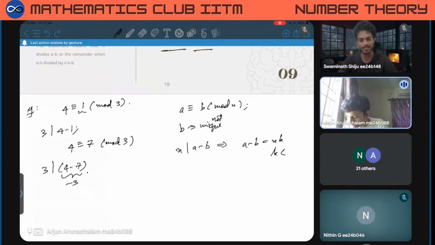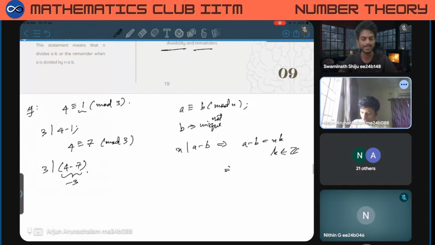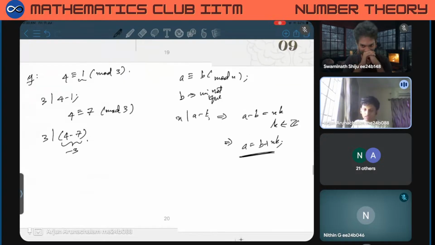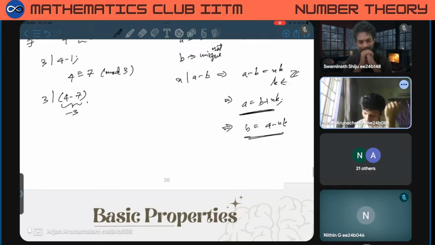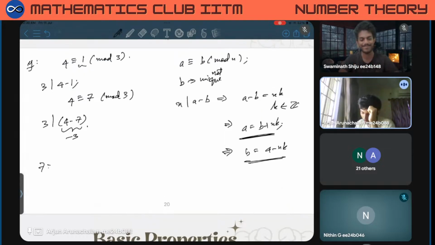It need not be positive integers. So you get that a is b plus nk, or you can also write that b is equal to a minus nk. Since k is any integer, there are infinitely many b congruent to the same a modulo some particular n. Some more examples: 7 is congruent to 2 mod 5 because 5 divides 7 minus 2.